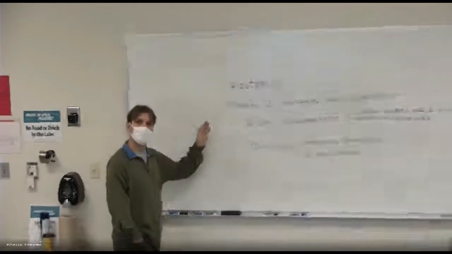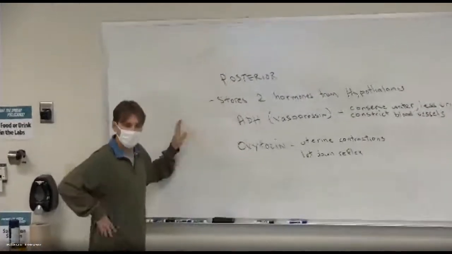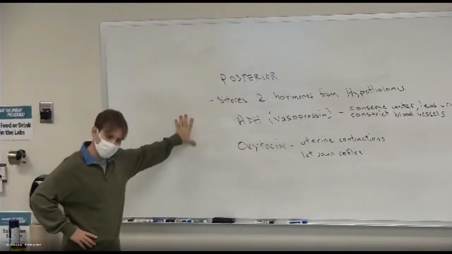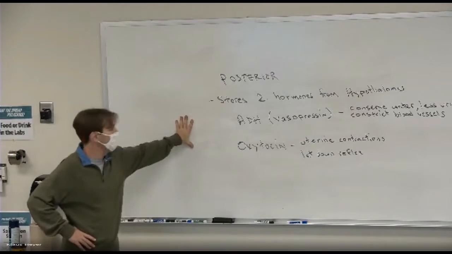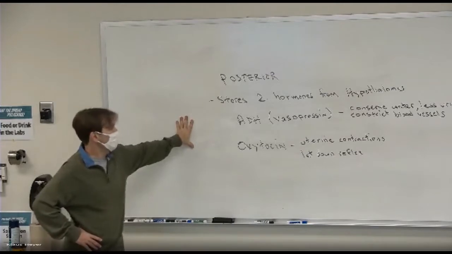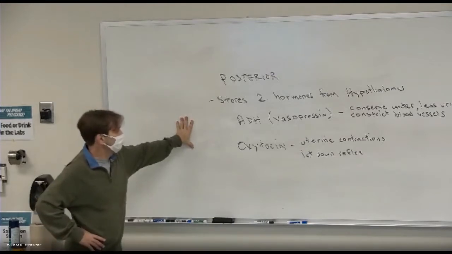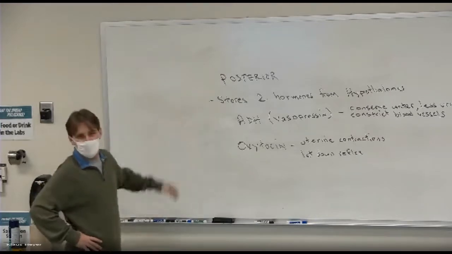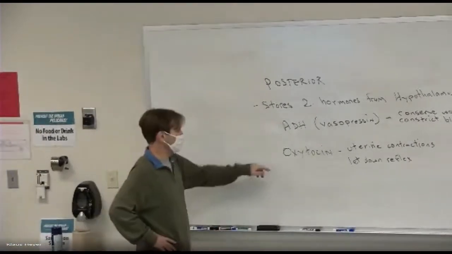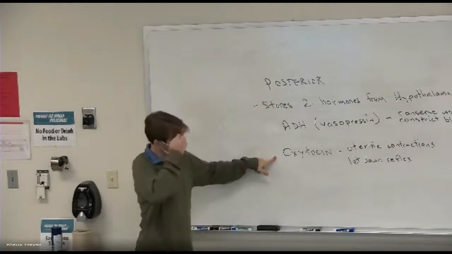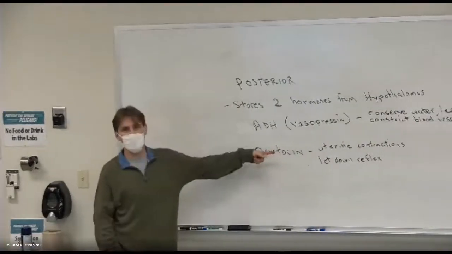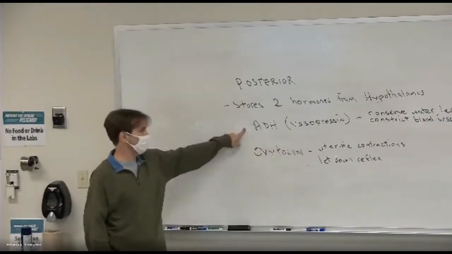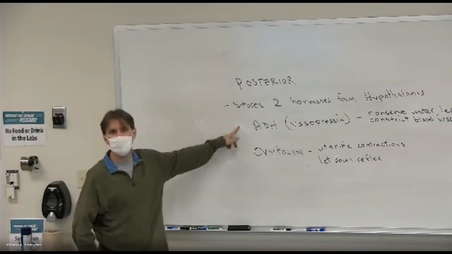So there are no types of cells. You don't have to learn types of cells, and you don't have to learn releasing hormones. Target cells, no, but where's this going? It's already telling you where it's going: to your kidneys.